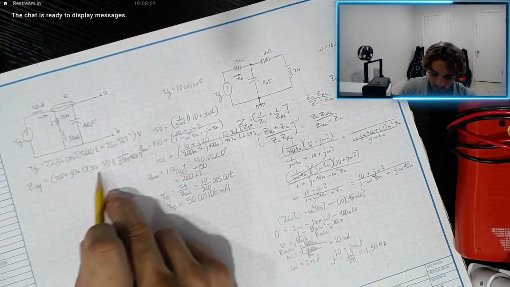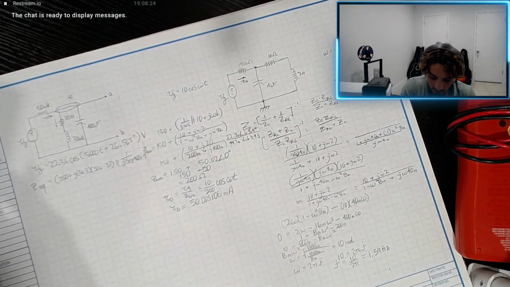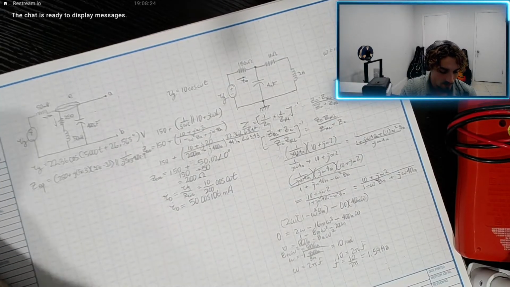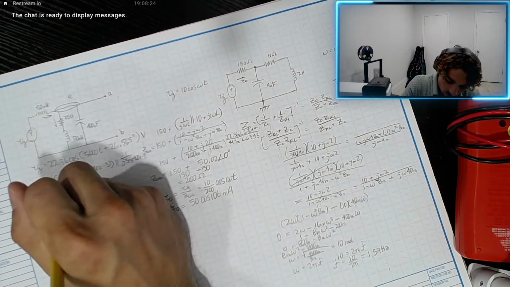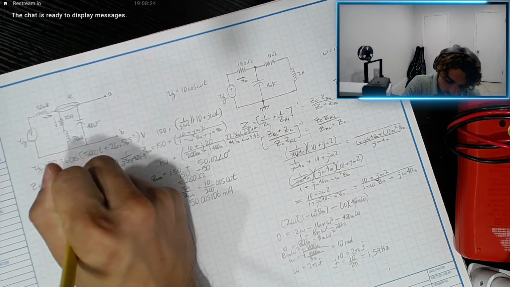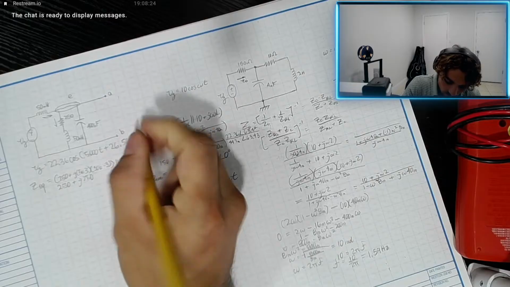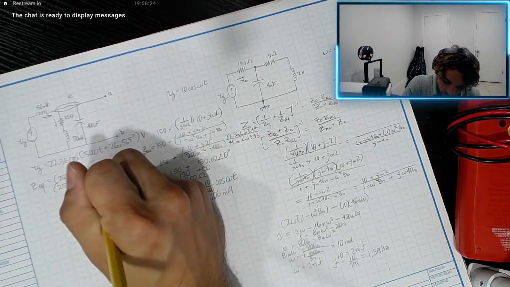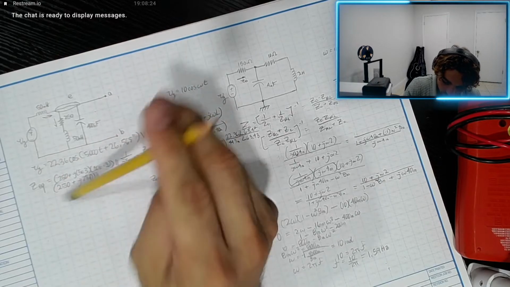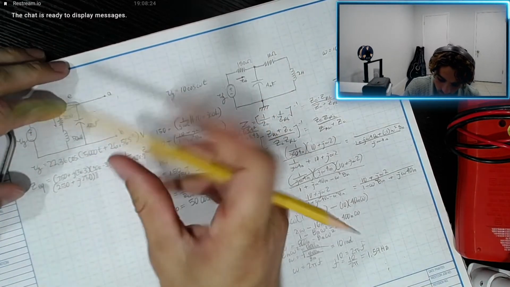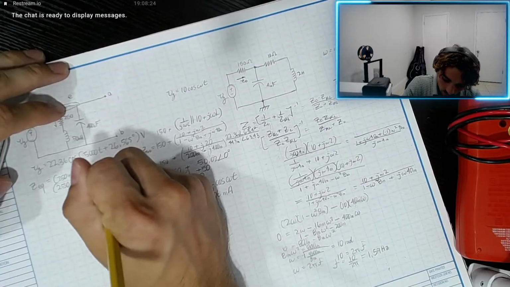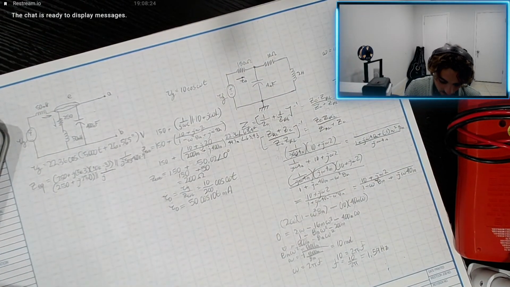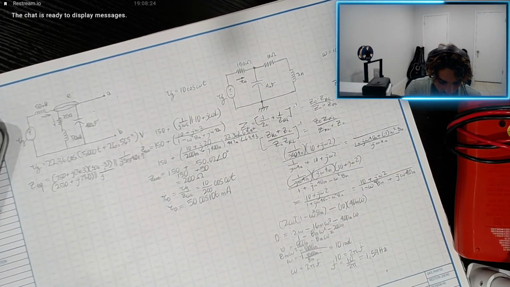Alright, 250 plus this, let's go ahead and do that. 5e3 multiplied by 50e negative 3 is 250. So 250 plus j250, in parallel with 5e3 times 400e to the negative 9.